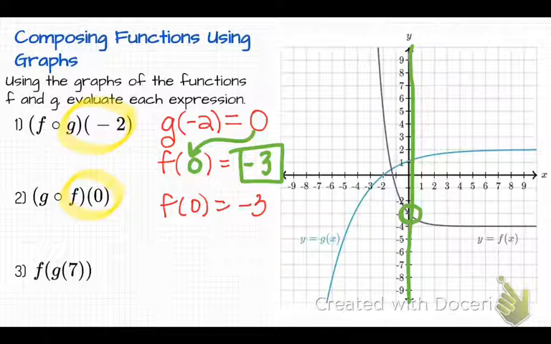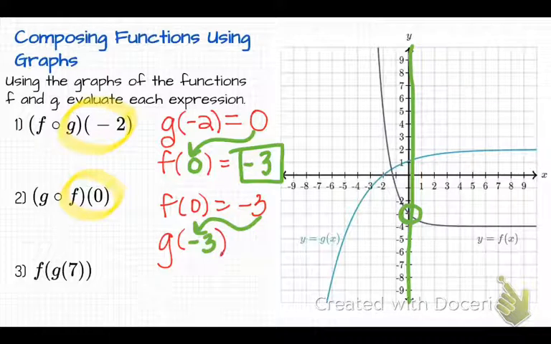What do I do next? Find g of -3. Okay. Do we have any questions so far? You okay? Okay, so I'm going to go to where x equals -3. Draw my vertical line there.